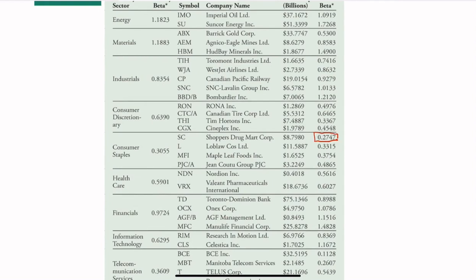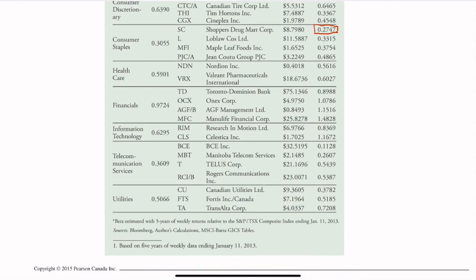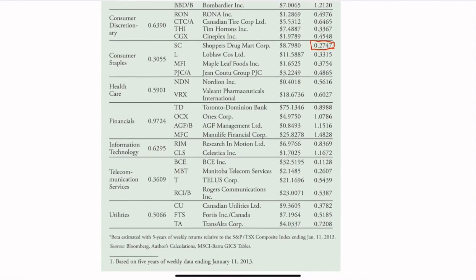It's only 0.27. And for information technology, this Celestica has a large beta. It's 1.1672.